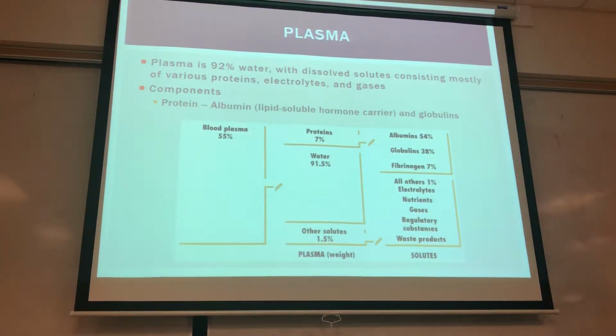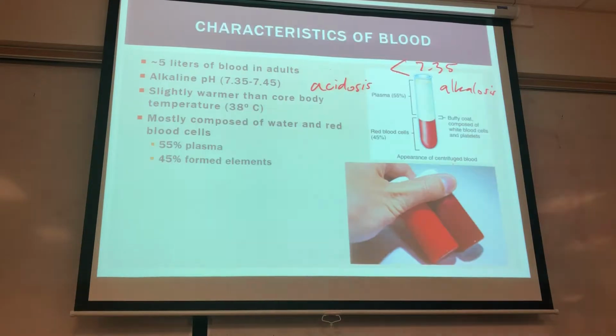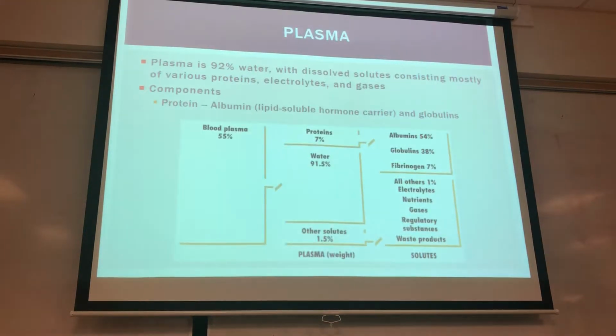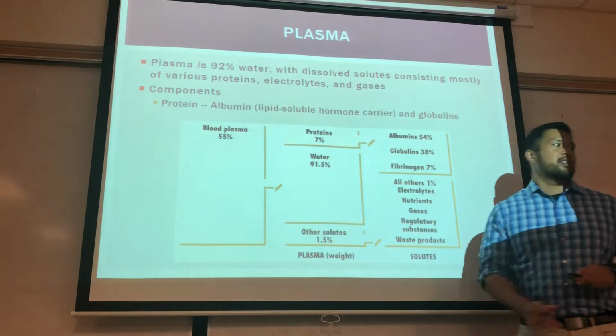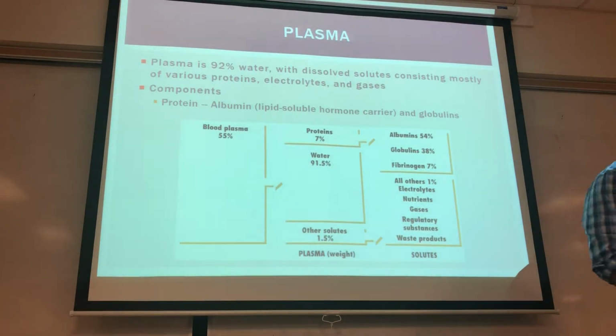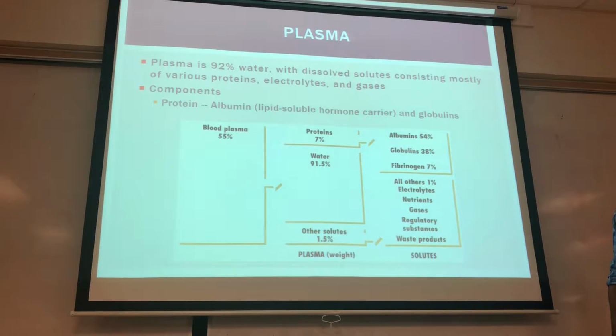If we look at that plasma, which we know is about 55%, the top portion which is all fluid, of that plasma, 92% is water. So you can see 92% water. If you were to take a look at the other things that are dissolved in it, proteins being soluble in blood, we see 7%.